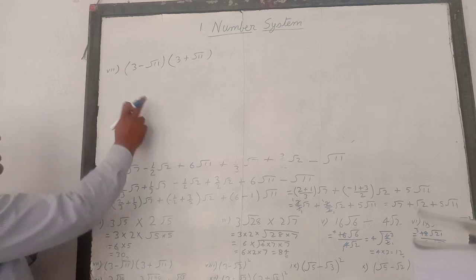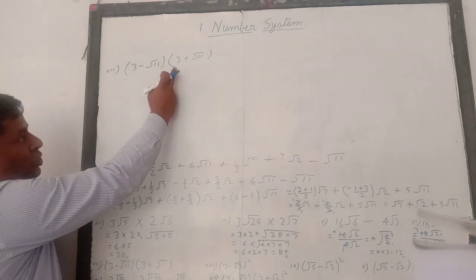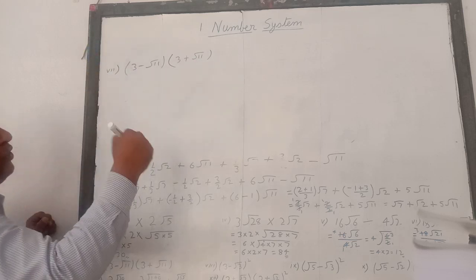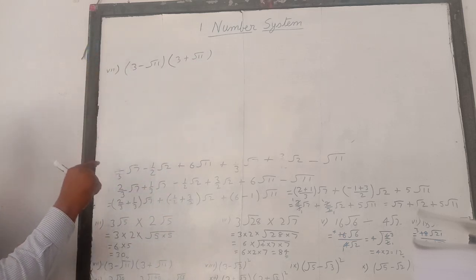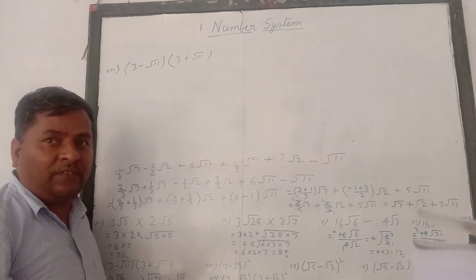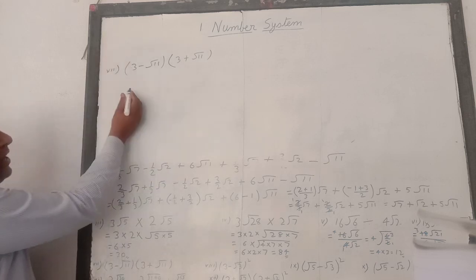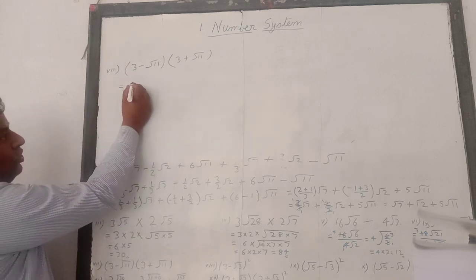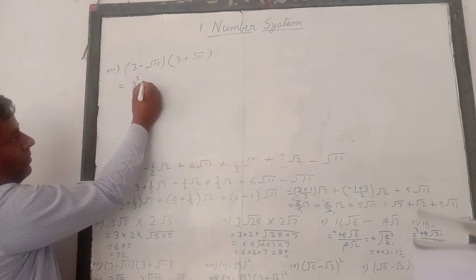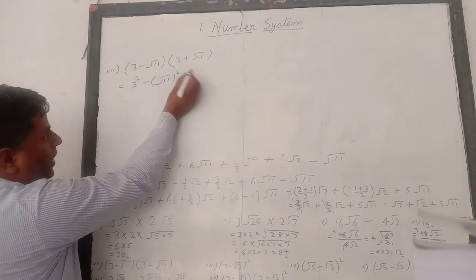it's based on the identity (a minus b) into (a plus b). We all know that (a minus b) into (a plus b) is equal to a squared minus b squared. So now we can write here 3 squared minus root 11 whole squared.